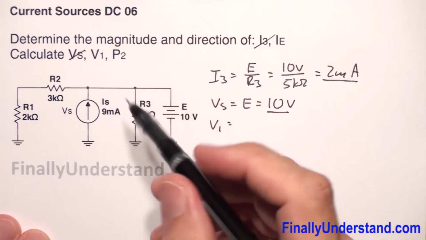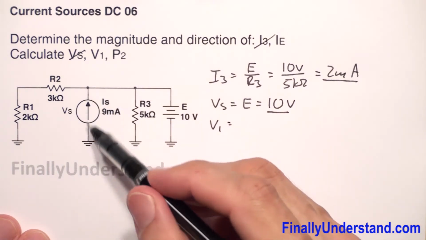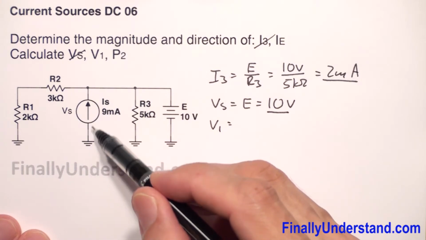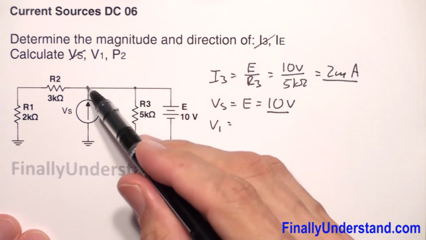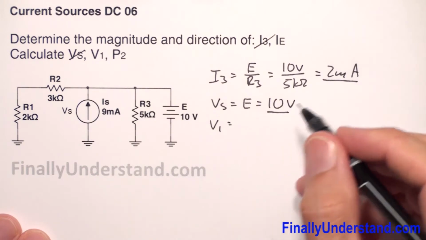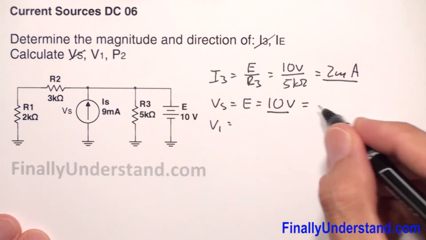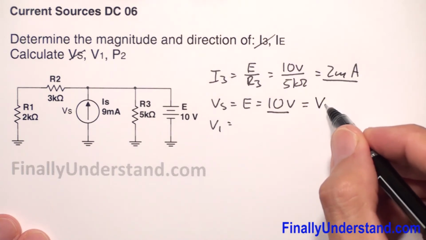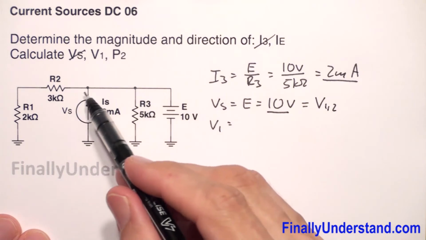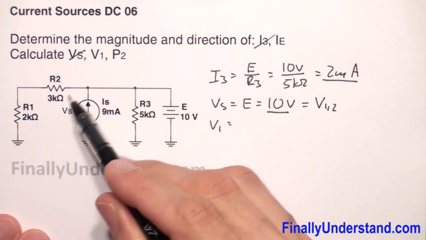Please notice that the voltage between this point and ground is equal 10 volts. So we can say that Vs is equal to E, this is equal 10 volts, and this is also equal to the voltage V12, means voltage across these two resistors.